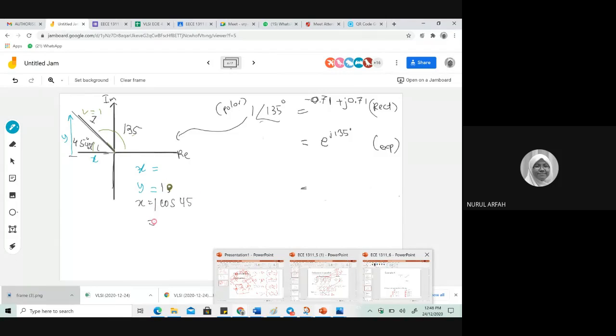Okay, 1 cosine 45 degree. Yes. Is it positive or negative for the real axis? Negative. Okay. What about y here? Is it positive or negative? It is going up.